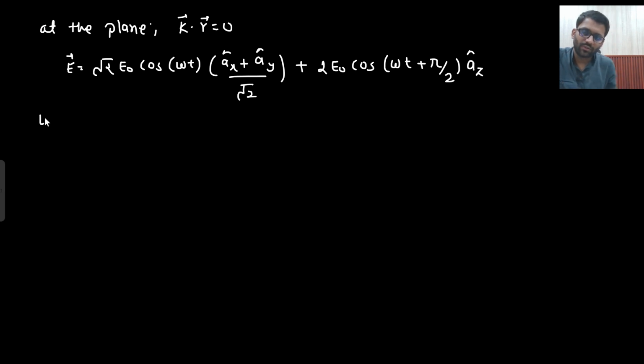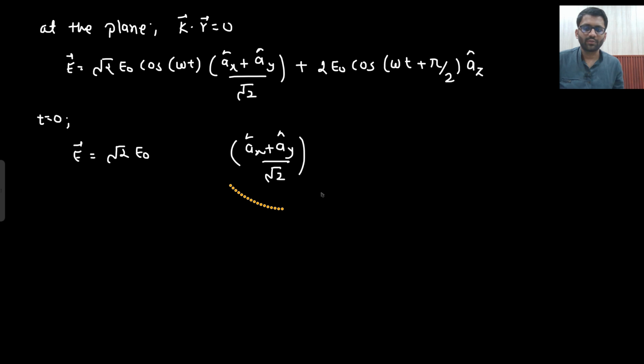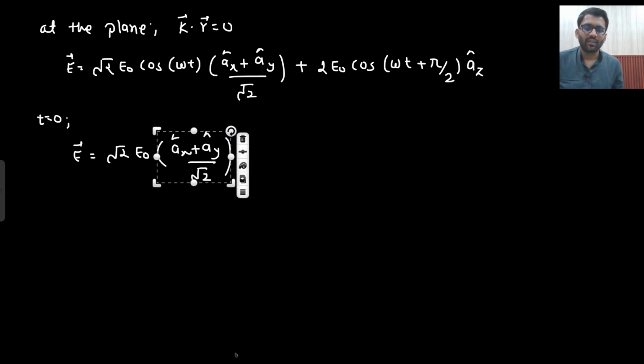Now if I put t equals to 0, what do I get? At t equals to 0, the E field you are getting is under root 2 E naught cos omega t times (ax cap plus ay cap) divided by under root 2. At t equals to 0, cos 0 would be 1, and cos pi by 2 will be equal to 0, so that term will be gone.